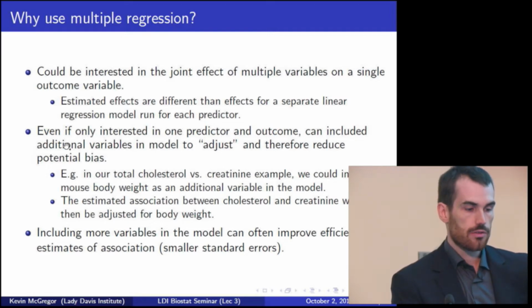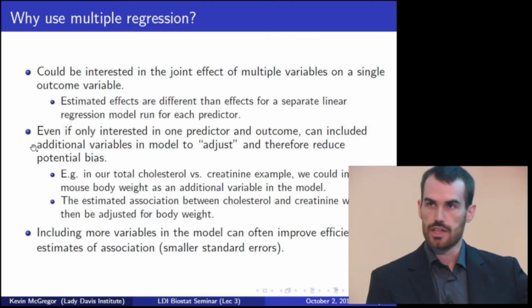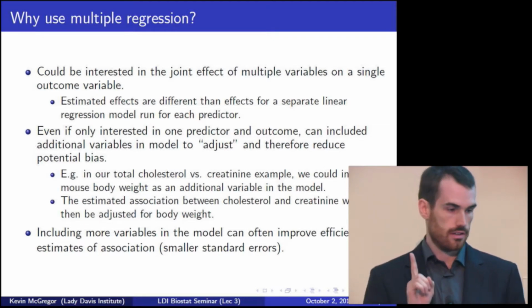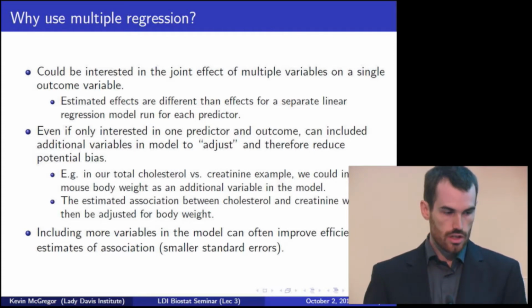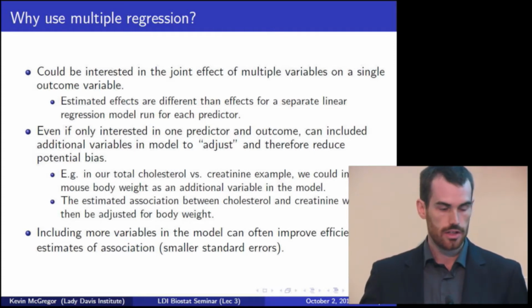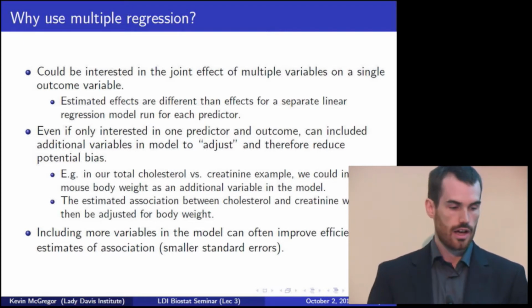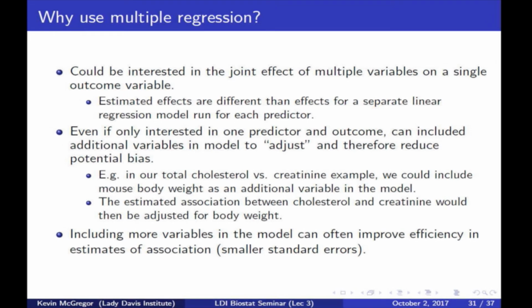So one reason we would do multiple regression, even if you are only interested in two variables, an x variable and a y variable, is that you can still include additional variables as predictors in your model to adjust for those other variables. There are other variables like confounding variables, where an external variable affects both your predictor variable and your outcome variable.